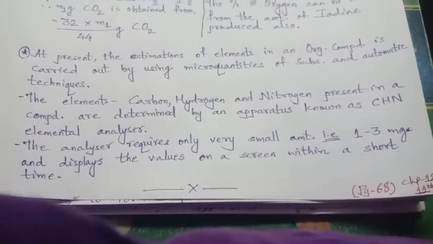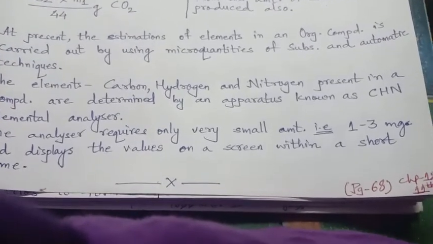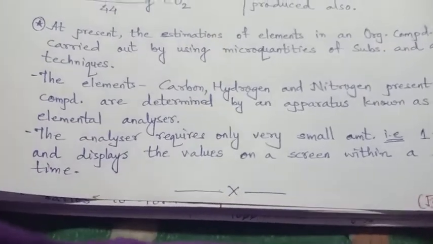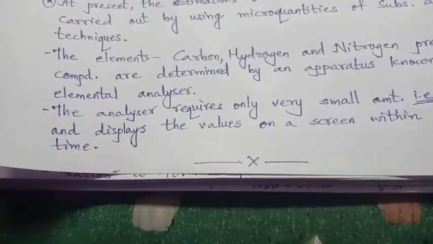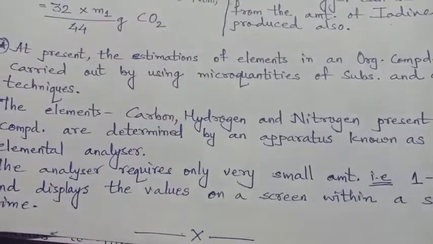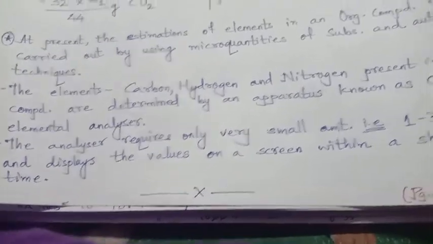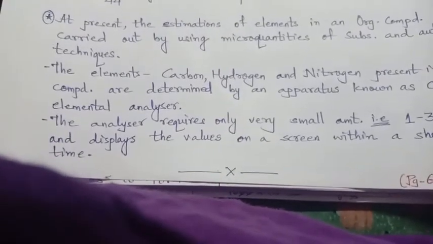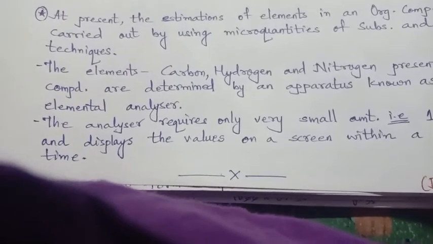The elements carbon, hydrogen and nitrogen present in a compound are determined by an apparatus known as CHN, the carbon, hydrogen, nitrogen analyzer. This is an electronic device. The analyzer requires only a very small amount. So at present the techniques are so fast, so automatic, that even 1 to 3 gram of substance when taken, in a fraction of time it will display all the results on the screen.